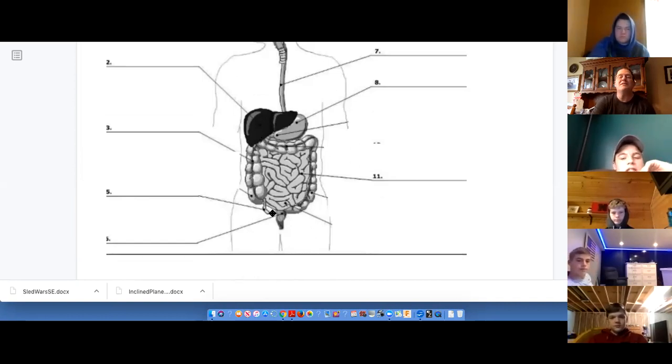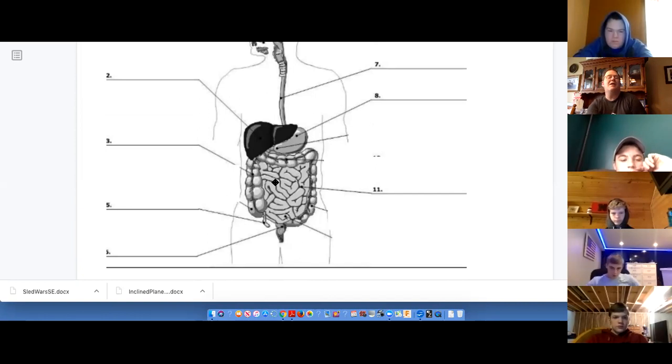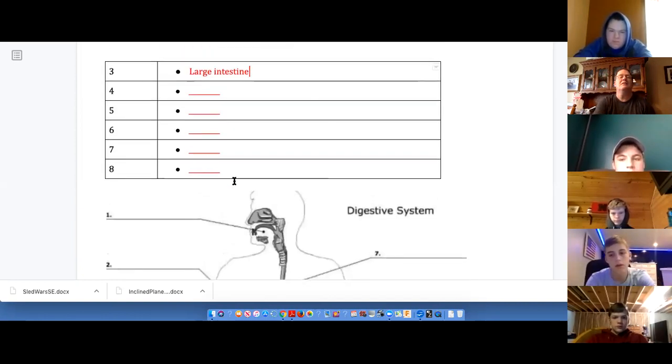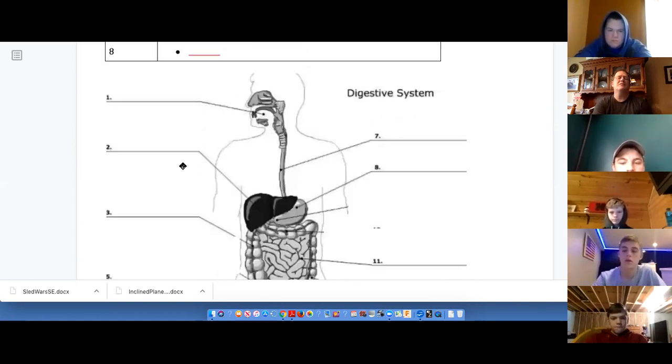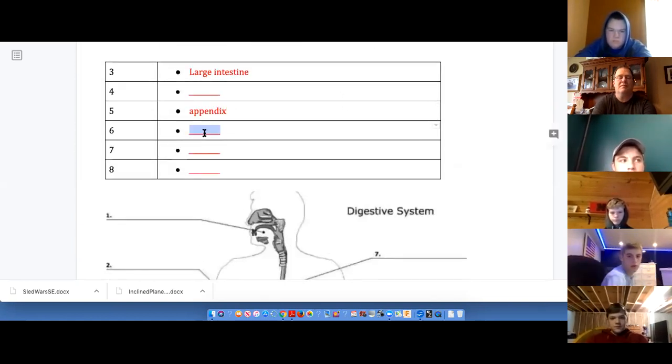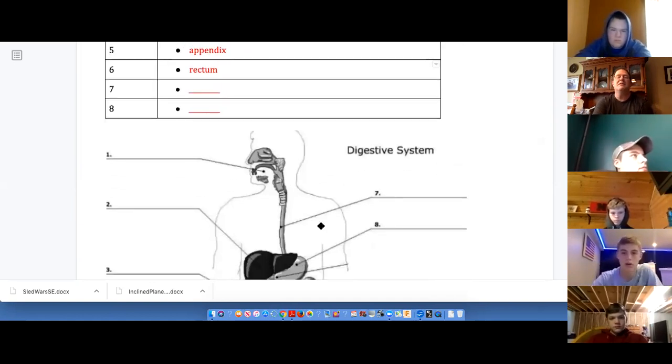Okay, number 5. What's this little thing? Cecum. Yeah, but it's a human, so appendix. Okay, number 6. End of the large intestine, the rectum. Number 7.